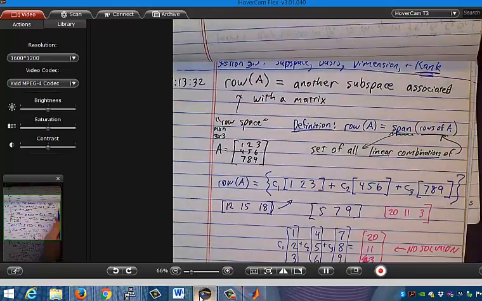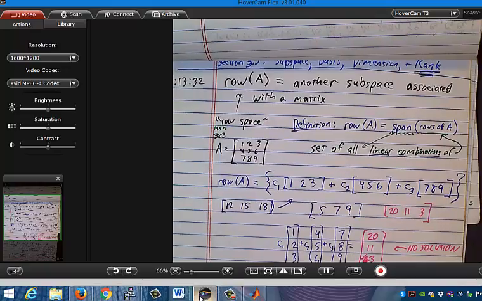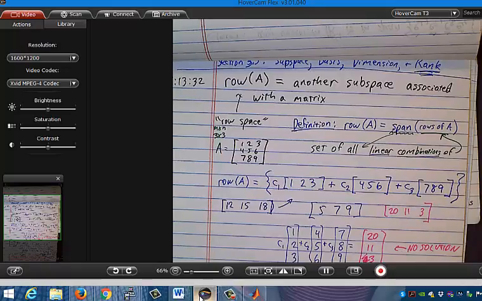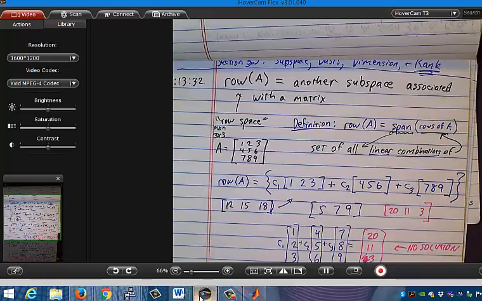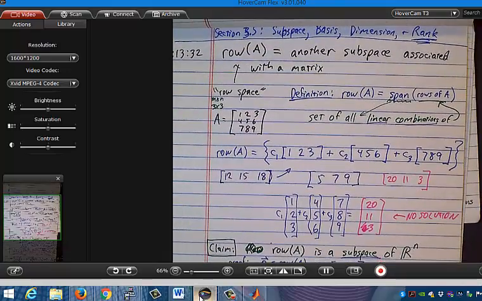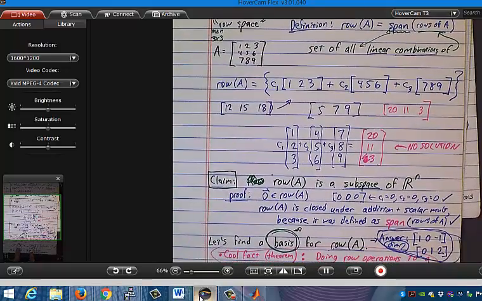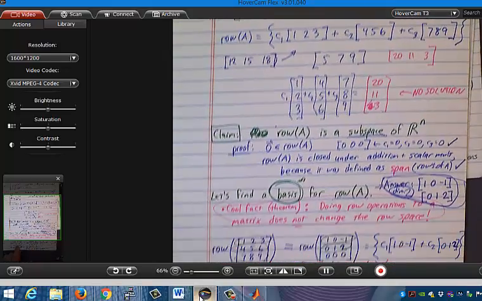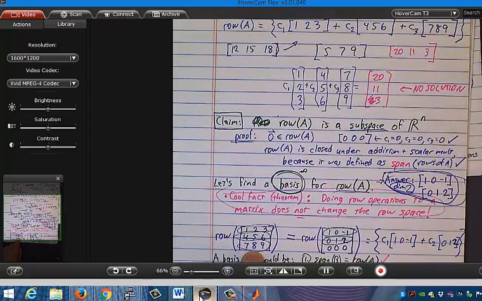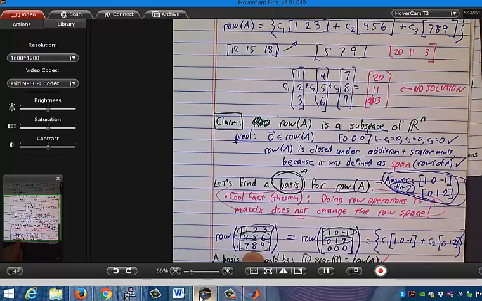Do you remember what we said was the rank of a matrix when we first talked about it? It was the number of non-zero rows. It's the number of non-zero rows if you do what? If you reduce it. Like, what is the rank of my matrix A? It's 2. It's not 3.